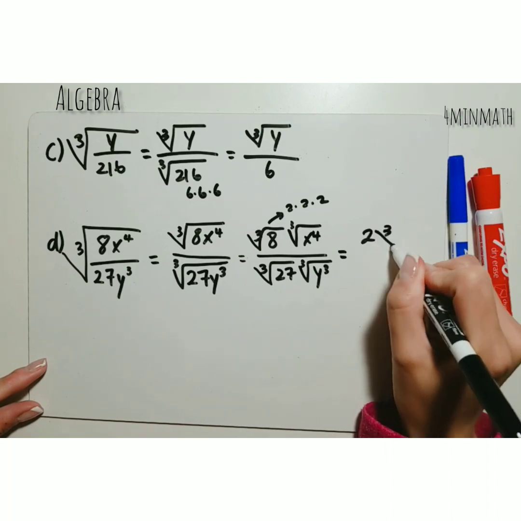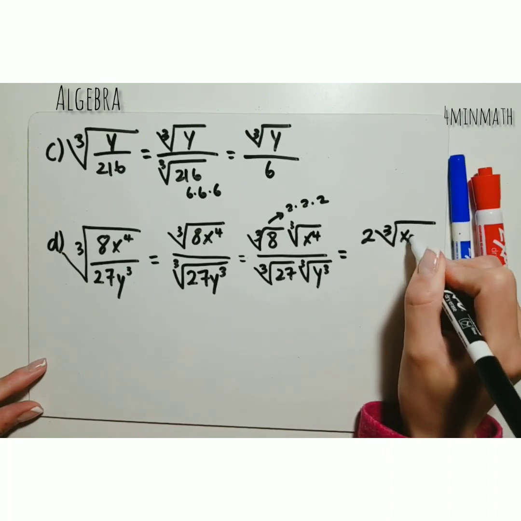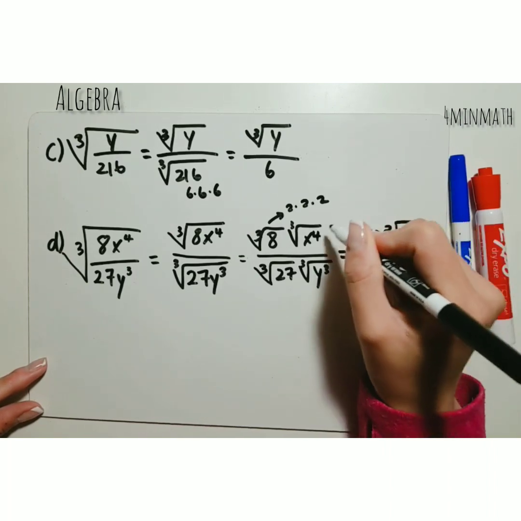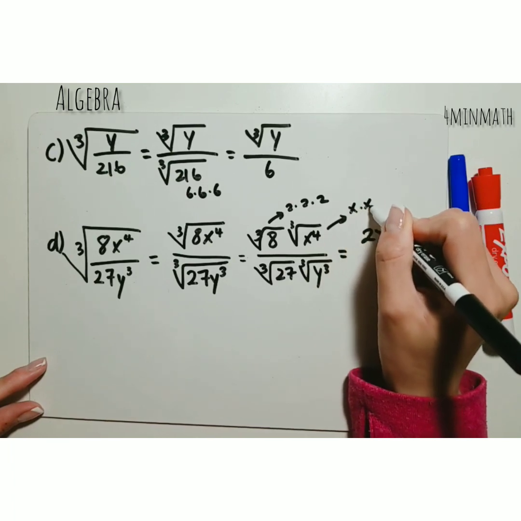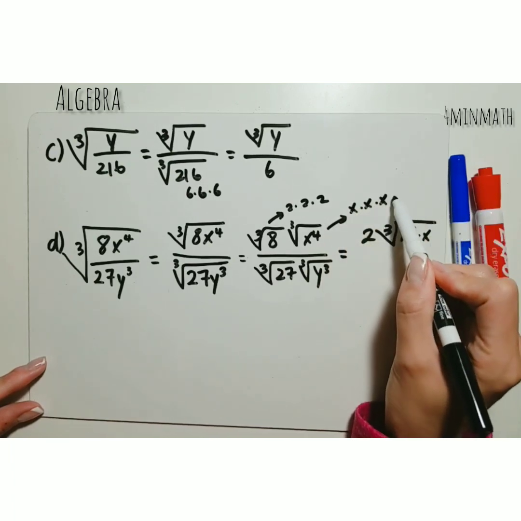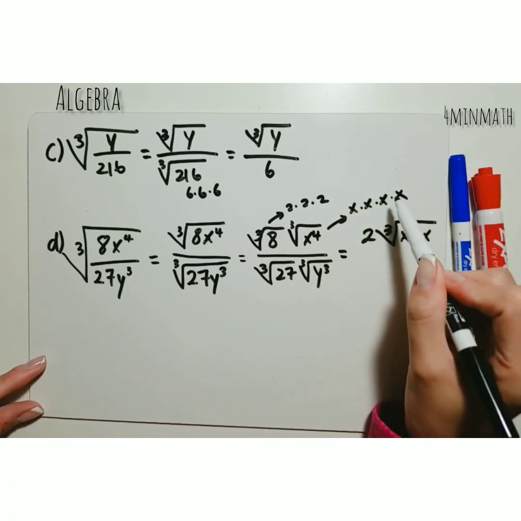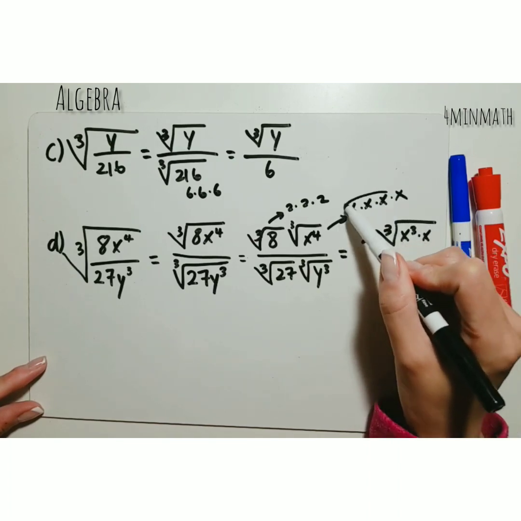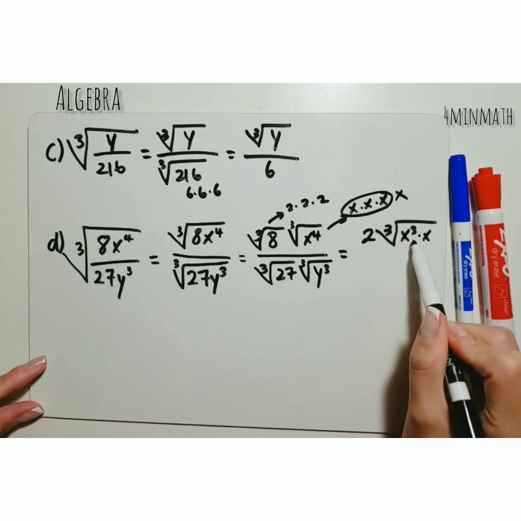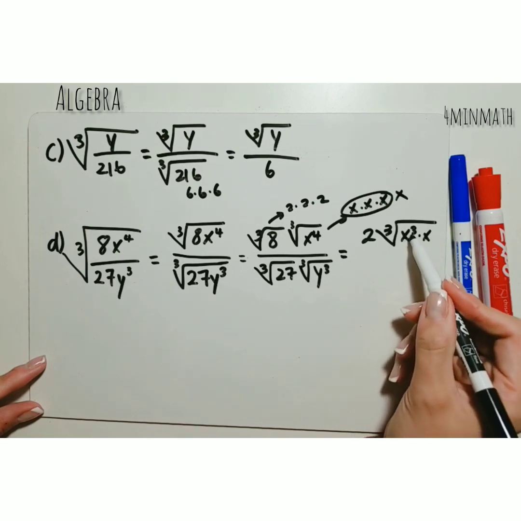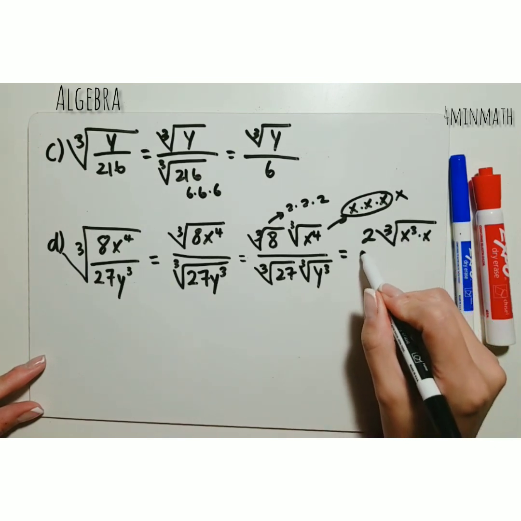So I know that I can do cube root of x to the 3rd times x. This is basically x times x times x, or x times x times x times x, I'm sorry. Then if I know I can take this out, I'm going to combine and then do that, so that I can take out an x.